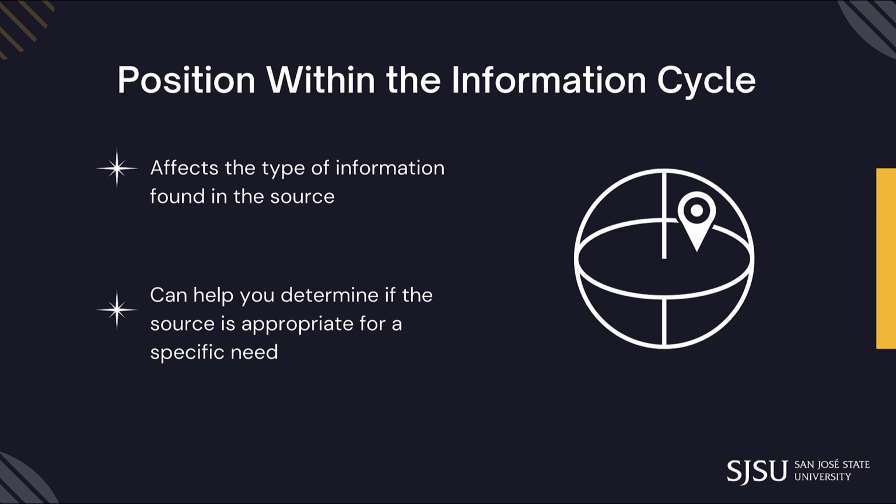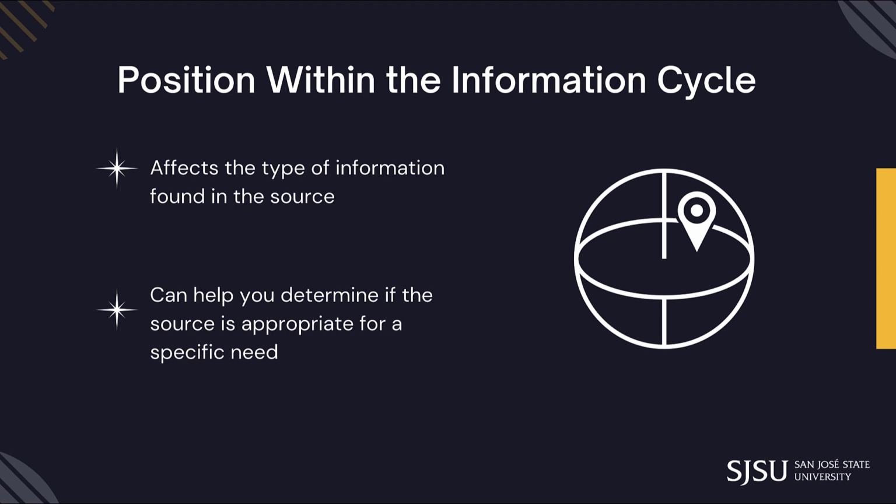As we discussed earlier, the position of the information cycle in which a source is created will have a really significant impact on what kind of information is found in the source and whether or not it will be suitable for a user's specific information needs. Again, one type of source is not necessarily better than another.